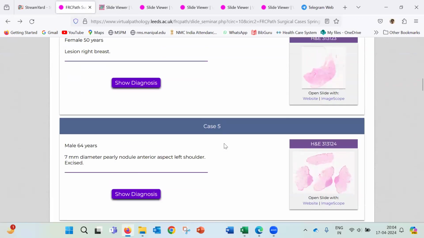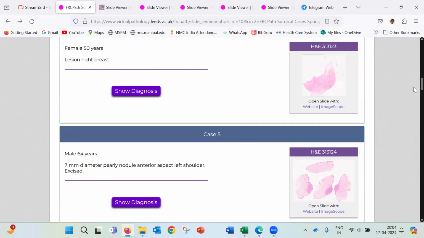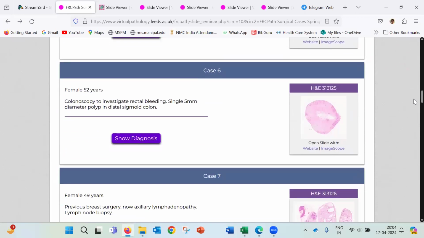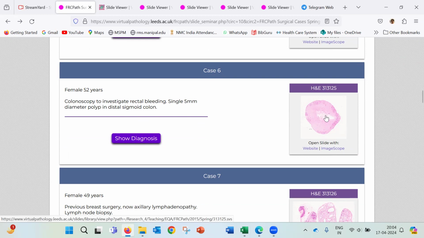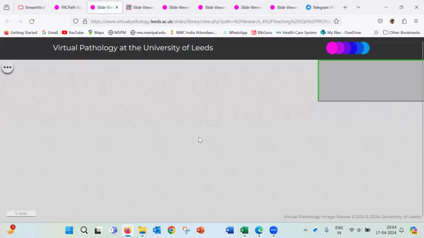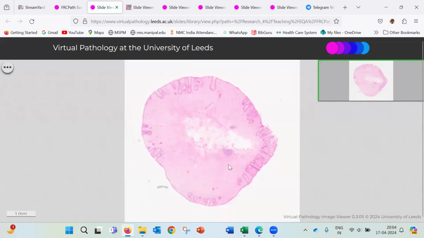Okay, so moving on to the next case, that is case 6. It is a 52-year-old female patient with a colonoscopy done, that shows a single polyp of 5 mm diameter in the distal sigmoid. So this is what you see, that it is a polypoidal tissue.